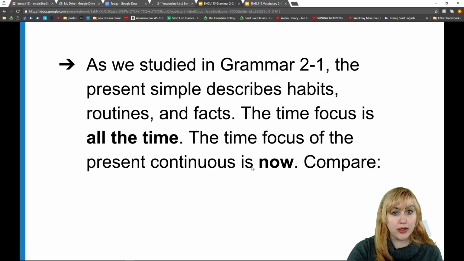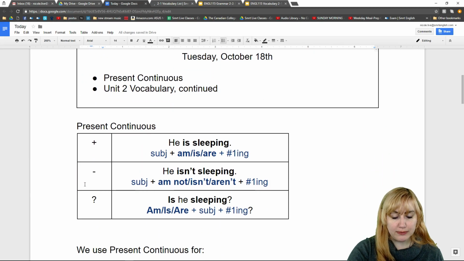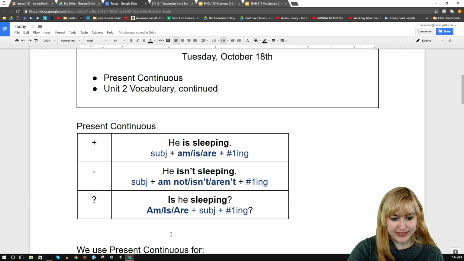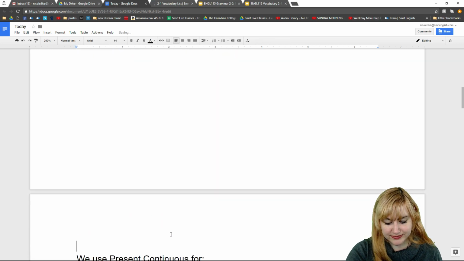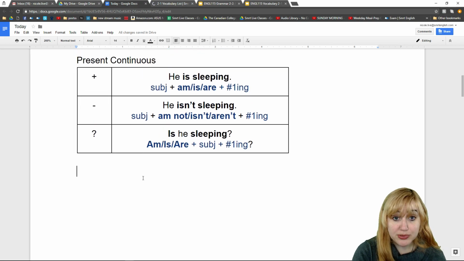Okay, so let's slow down a little bit. Let me go to our note page for today and we'll write some examples here. Okay, so here again is the form for present continuous, in case you need a reminder. Okay, and then right here, I'm going to put a few notes.